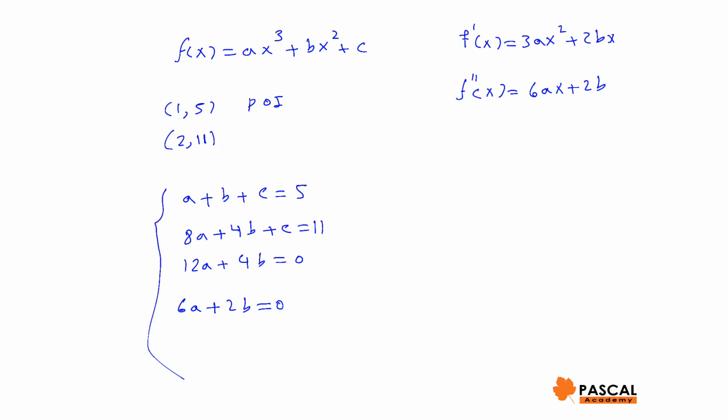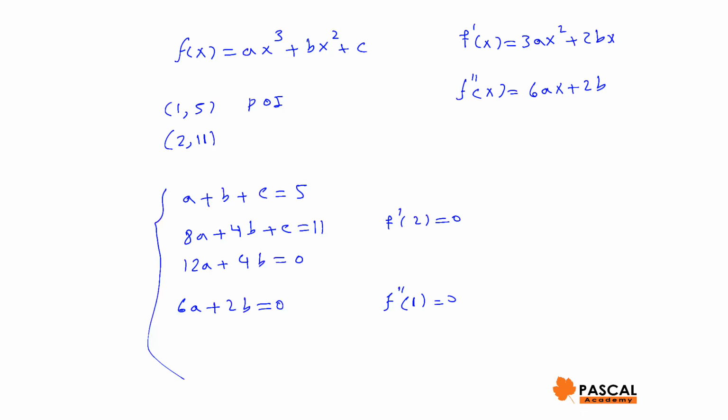You know, at any extremum, if a point is an extremum, then the derivative at that point is 0. And if it is a point of inflection, the second derivative at that point is 0. f prime of 2 is 0, and f double prime of 1 is 0.